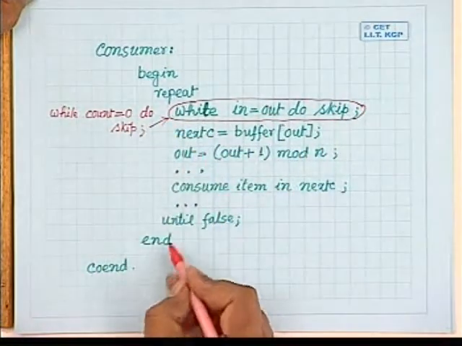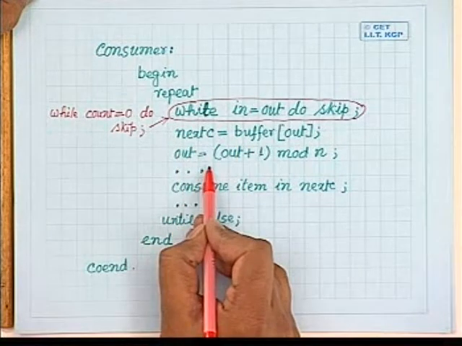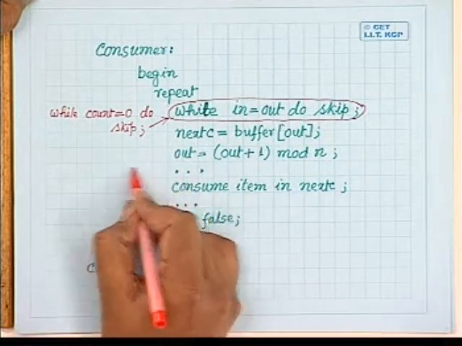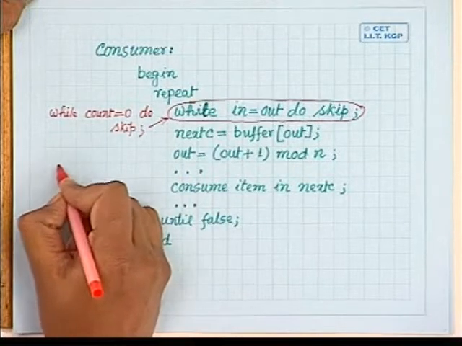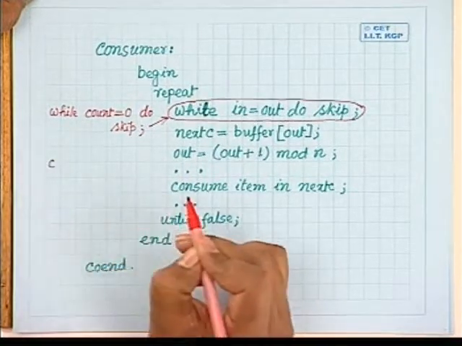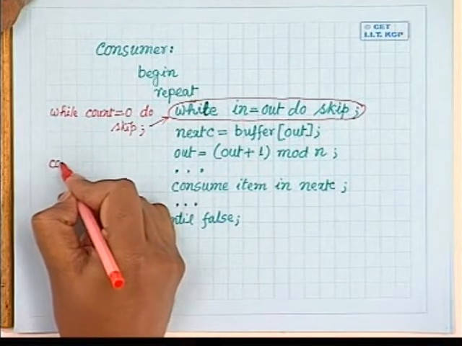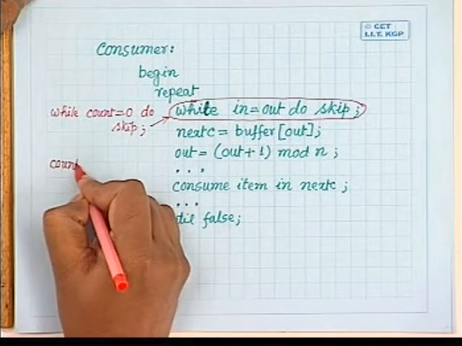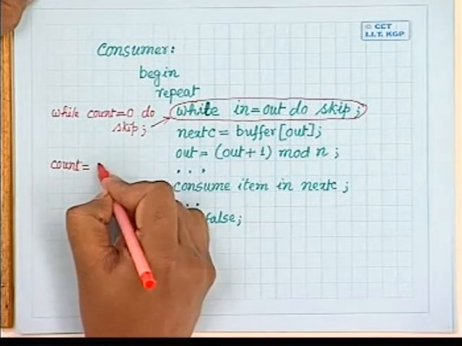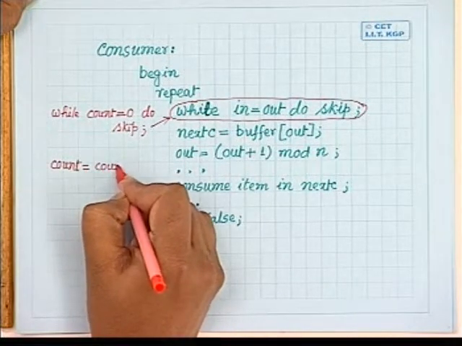Then the others will remain as they are. The additional statement we have to insert is, because now the consumer is consuming an item from the buffer, it has to decrement the value of the count. So it has to make count equal to count minus 1.